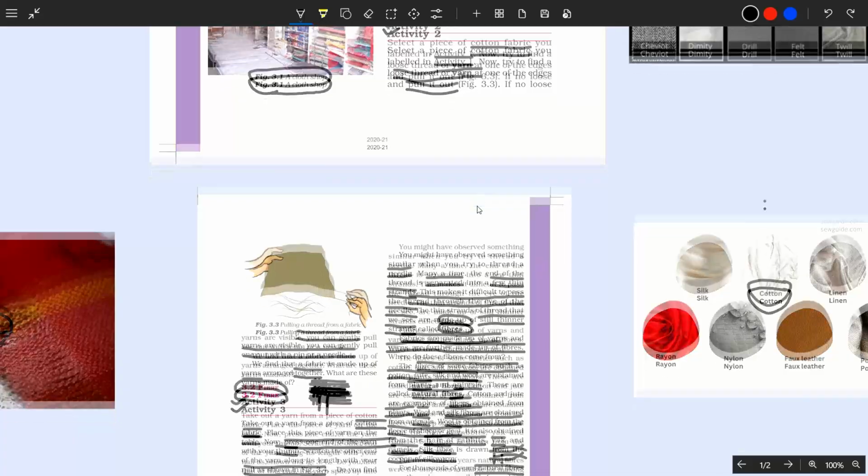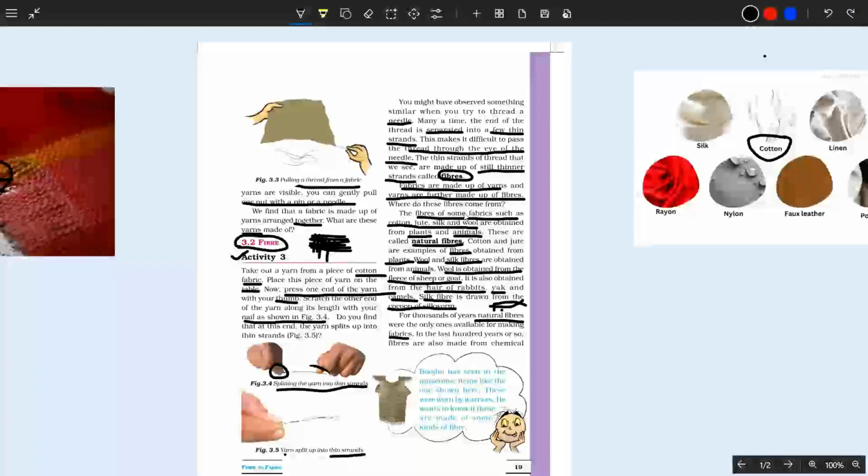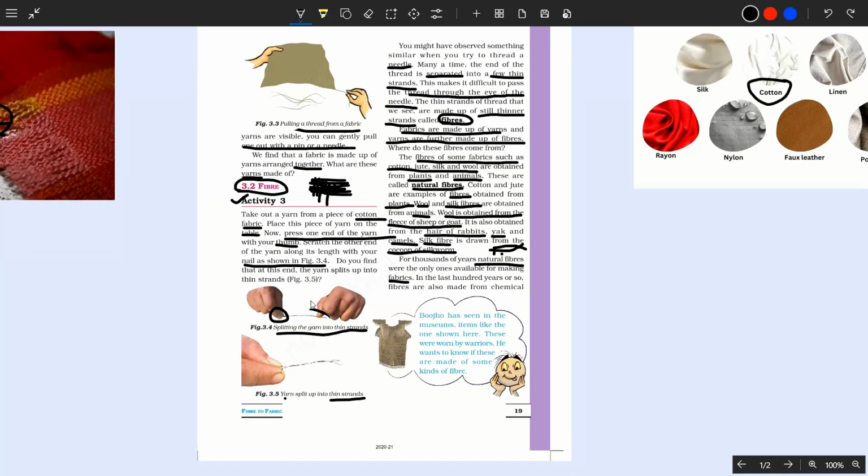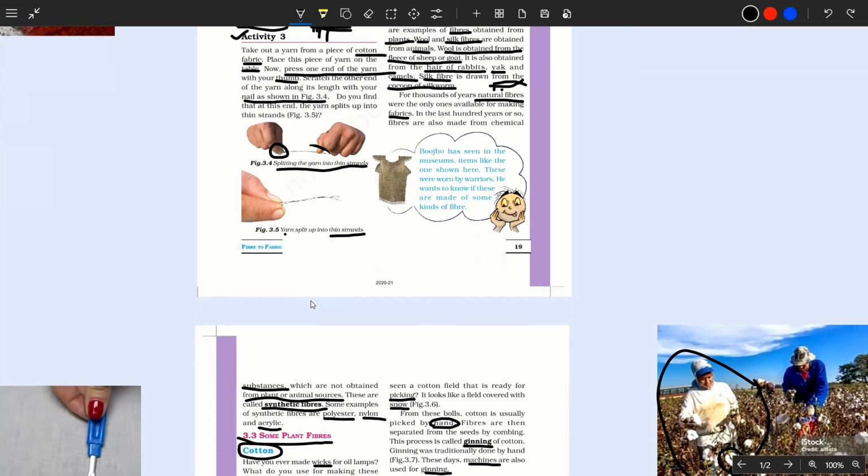Then they moved to the third activity, where they split the thread. First, keeping the thumb at one end of the thread, and in the second figure dragging the thread with their nails, they observed the thread splitting.